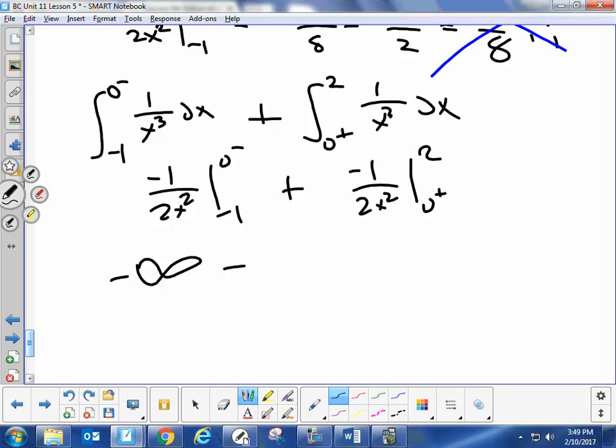I plug in negative 1. That's 1. This is negative 1/2. Plus, I plug in 2. I get negative 1/8 minus. I plug in 0 from the right. Again, I will have a very small positive number times 2, very small positive number under negative 1. This is minus negative infinity.